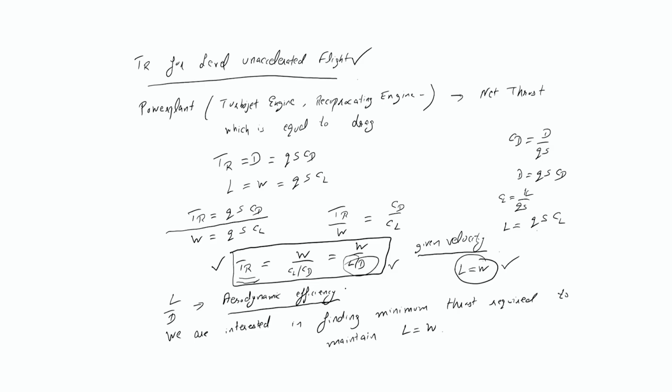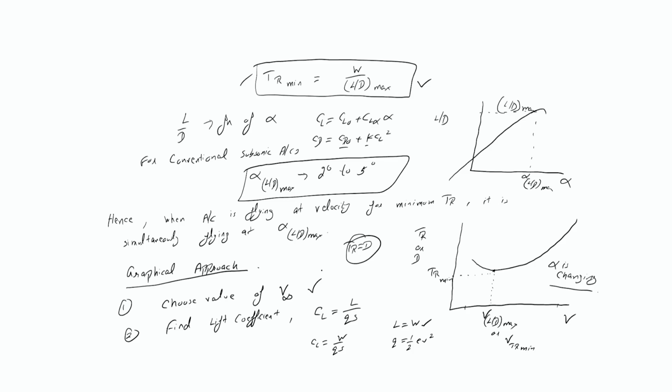L by D is the aerodynamic efficiency. So thrust required is minimum when CL by CD, or L by D, is maximum. That corresponds to the angle of attack at which L by D is maximum, which is around 2 to 5 degrees.